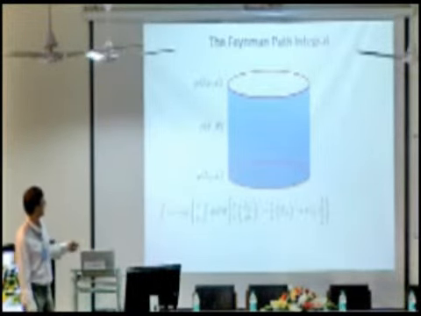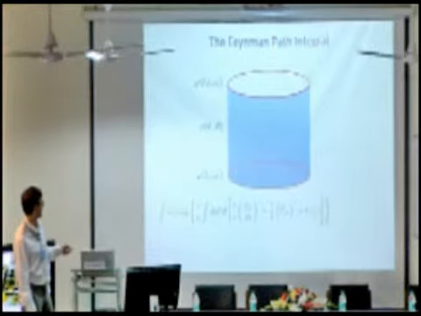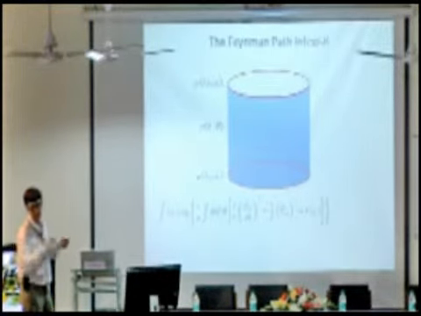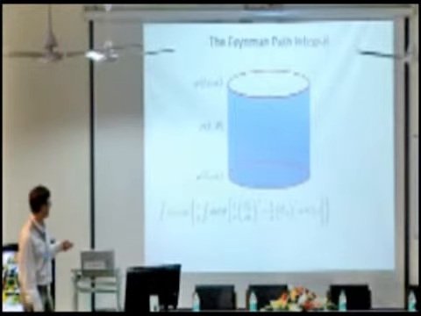And you do this gigantic summation, the so-called Feynman path integral, of e to the i times the action of that configuration, integrated over all possible interpolating configurations.